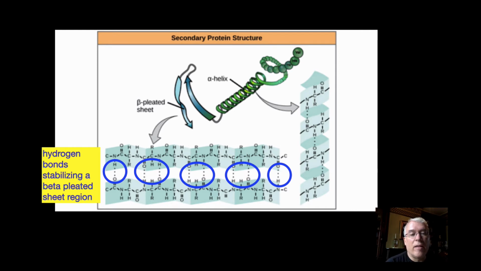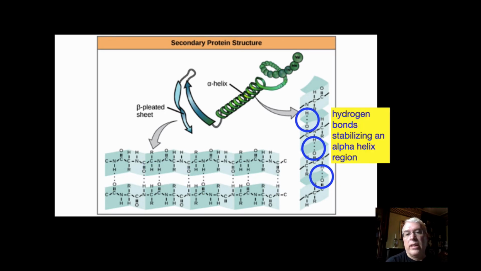So in this diagram, I am counting 1, 2, 3, 4, 5, 6, 7, 8 different hydrogen bond interactions here, stabilizing that pleat. And the same thing is happening in the alpha helix. Hydrogen bonds are forming to stabilize it into this kind of coiled up spring shape. And in this diagram, I see they're only showing 3 hydrogen bonds. So pretty straightforward. Just remember, the secondary structure is happening primarily because of hydrogen bonding.